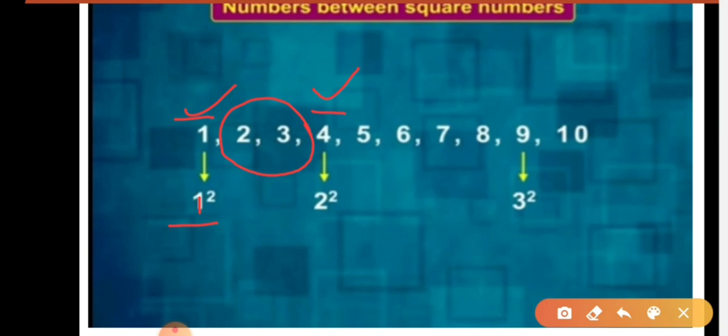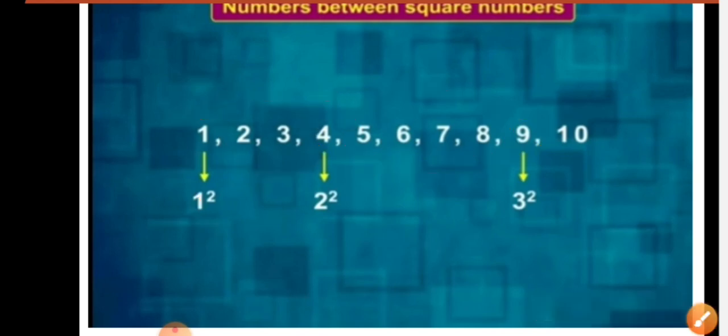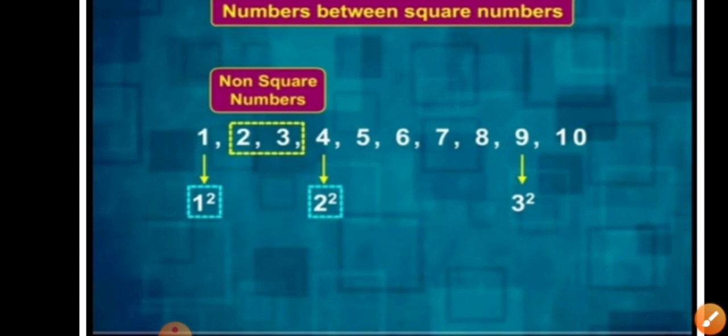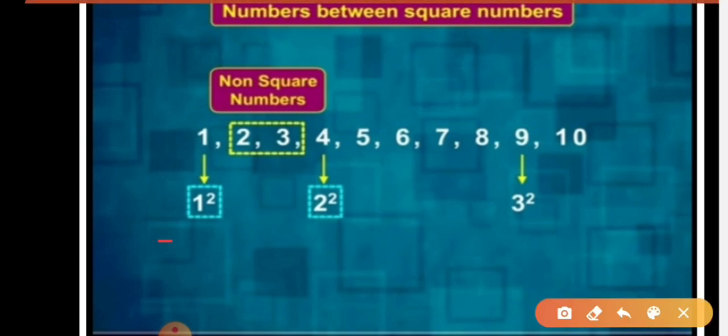Now here also what you can see, that this is a square number, and after that which square number will come? 9. So here also you can see that there are 4 non-square numbers. Now how we will find it out? Here what I have explained, here you can see that between 1 and 4, there are 2 non-square numbers.